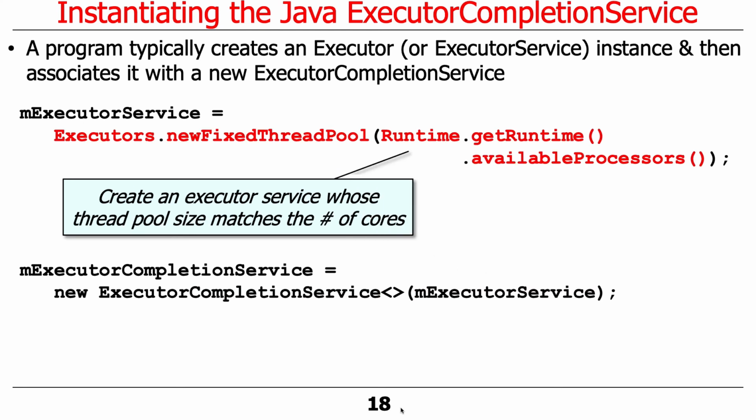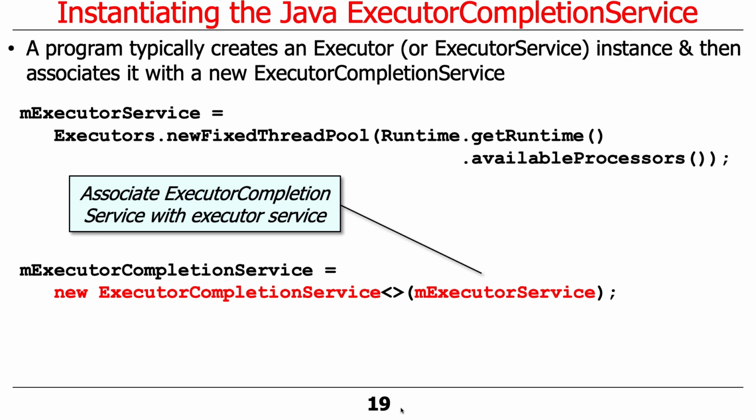You could have new cache thread pool, new work stealing pool, new single thread pool, or whatever. And that will then be completely shielded from usage of the executor completion service itself. So that's one of the powerful features of using the executor framework in conjunction with the executor completion service.